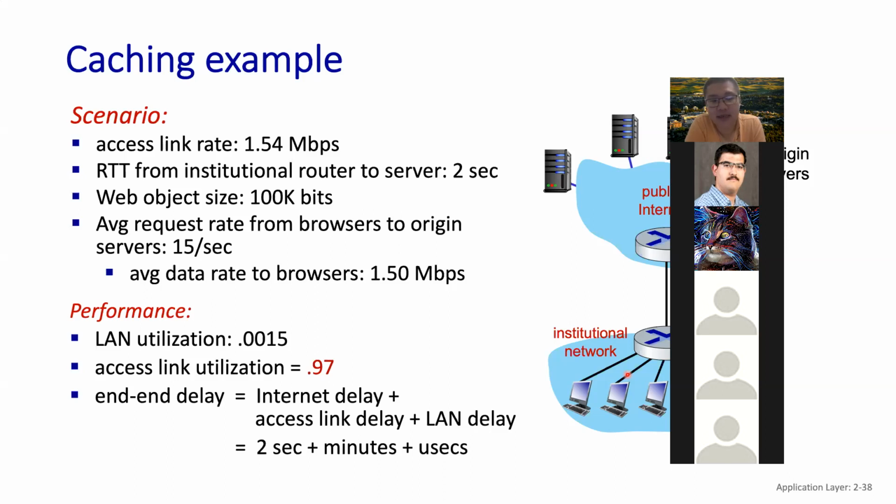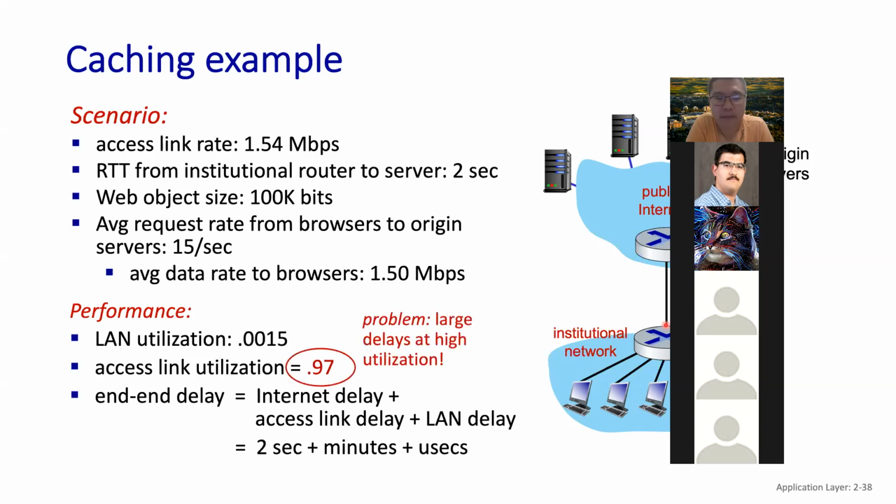But the access link utilization would be very high because there are a lot of users trying to access the public server. You don't have any cache here, so every user has to go to the public internet server. That means from the institution network to the public internet, this would be a bottleneck because of 97% utilization.